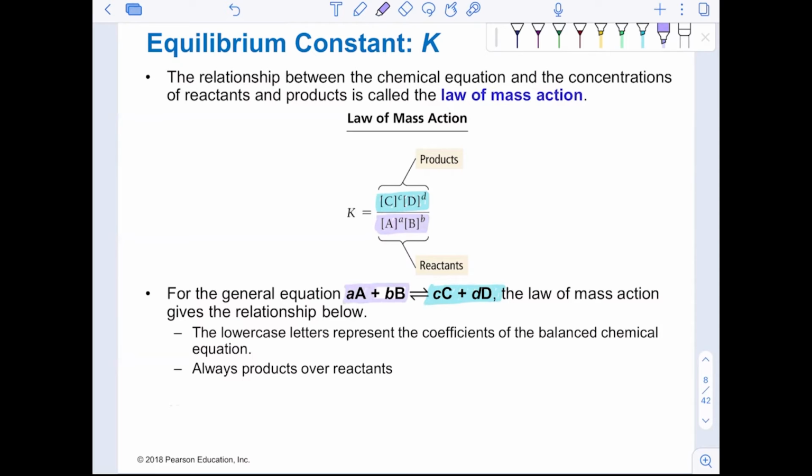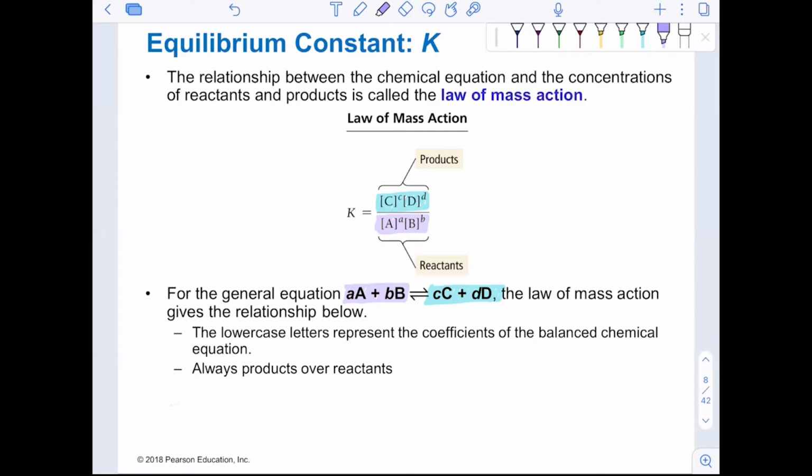Now, what's useful about the law of mass action is that we actually can use the coefficients of the balanced chemical equation as exponents. All right, the lowercase letters in front of A, B, C, and D, those are the coefficients, and they will always be the exponents in the law of mass action. K is the equilibrium constant.